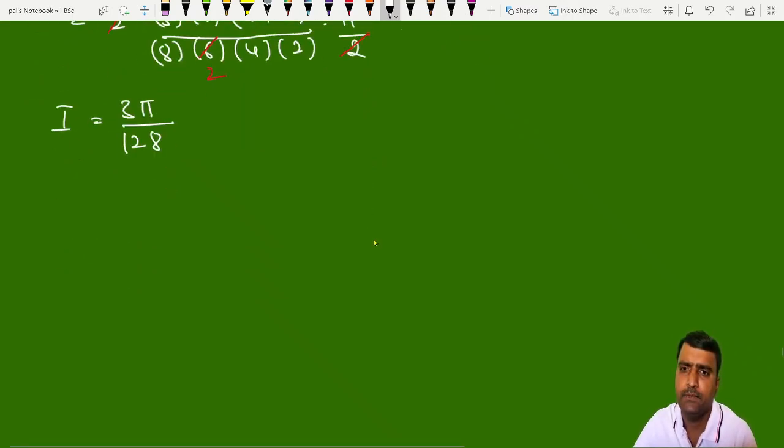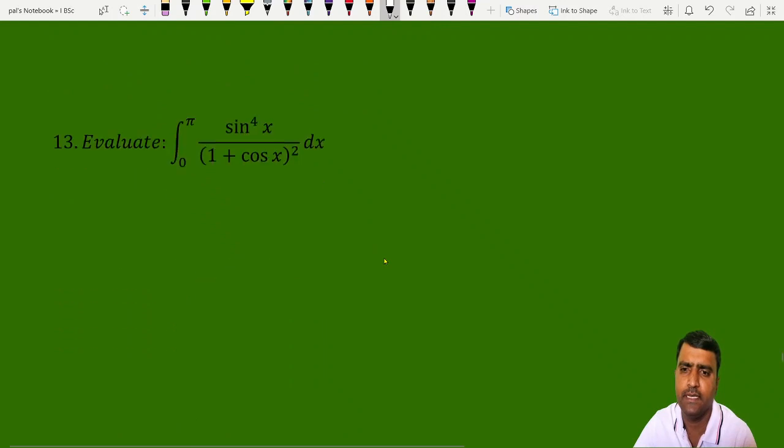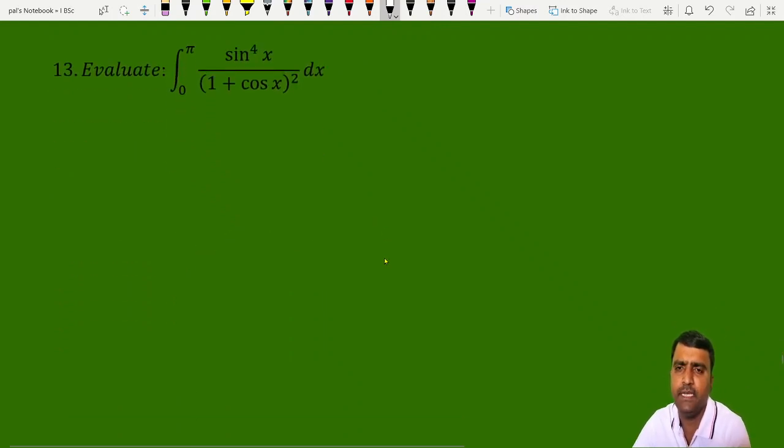Okay. Similarly, see some more examples here. So evaluate integration from 0 to pi sin to the power 4x by 1 plus cos x whole square into dx.